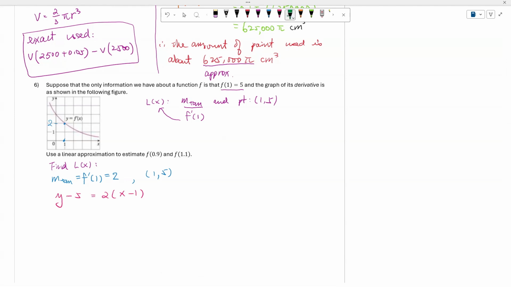And then we have y equal to 2x minus 2 plus 5, so I have y equal to 2x plus 3. We are going to rewrite this into L of x is equal to 2x plus 3.